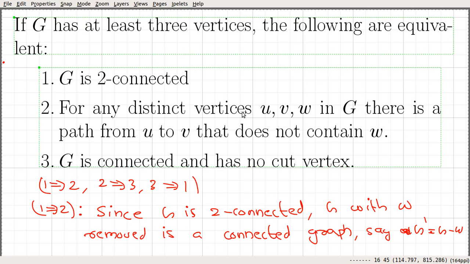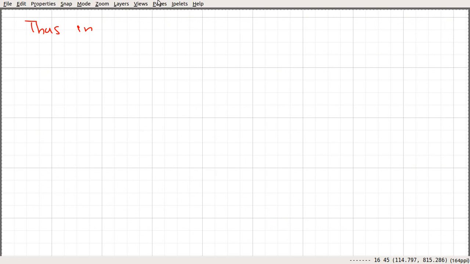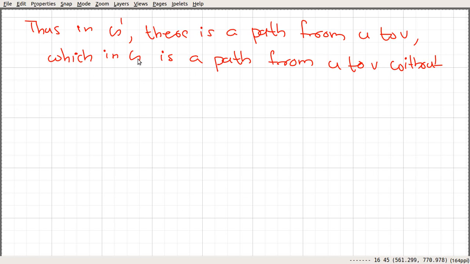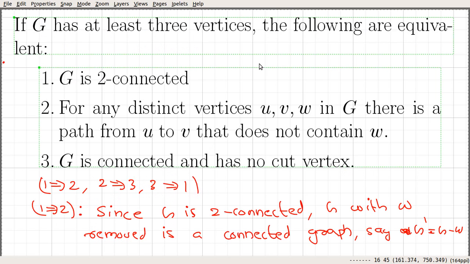And that's what we want to prove. So let me write down what I said. In G dash, since it is connected, there is a path from U to V, which in G is also a path from U to V, but without using W. And that's what we want to prove, right?